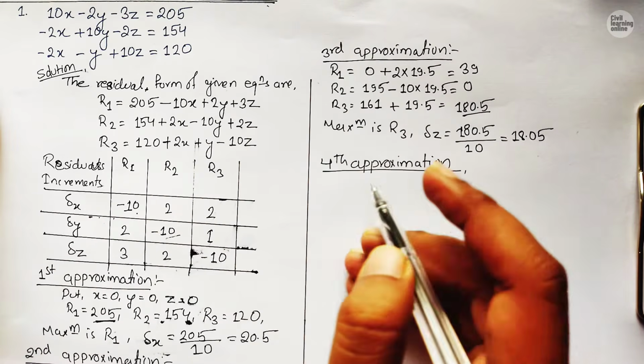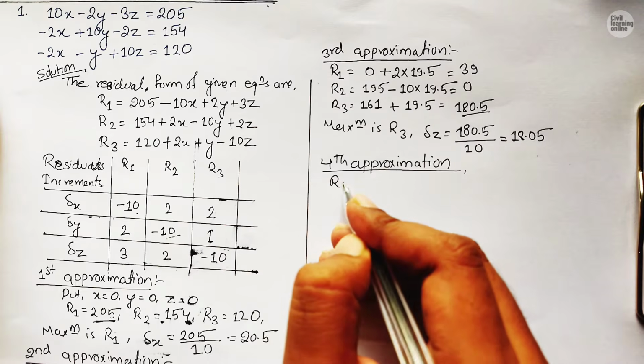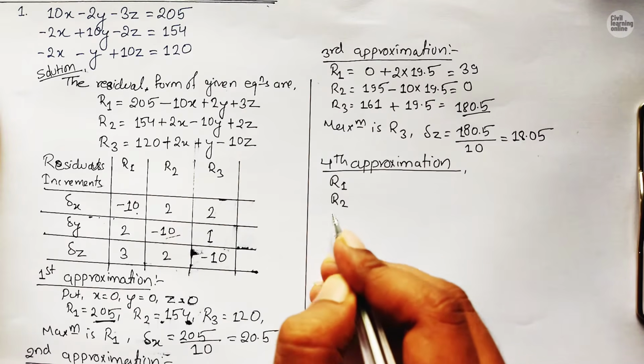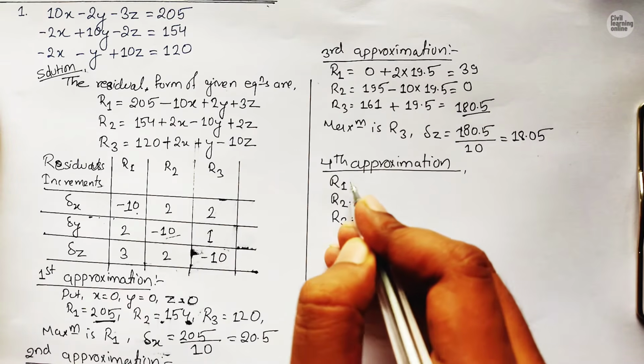For fourth approximation we will do R1, R2 and R3.